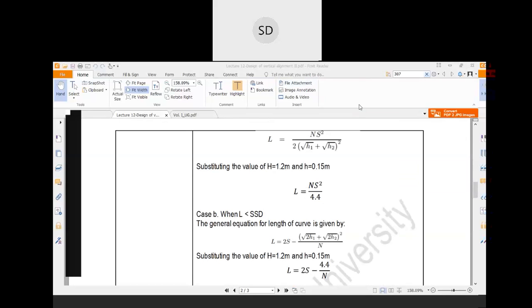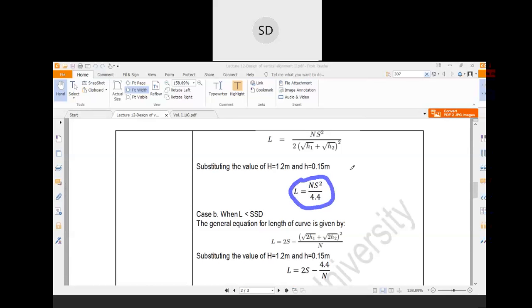If you consider this, your final equation of the length of the summit curve is L equals N s square divided by 4.4. This is your final equation, where L is the length of the summit curve, N is the deviation angle, and s is the stopping sight distance.